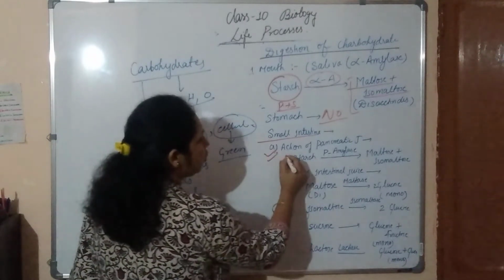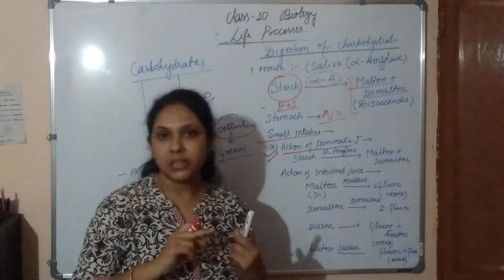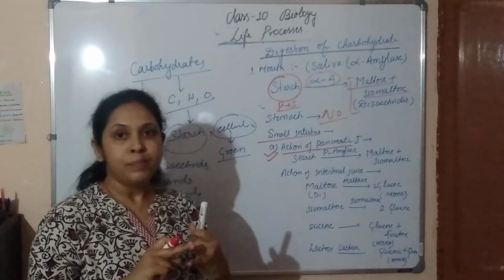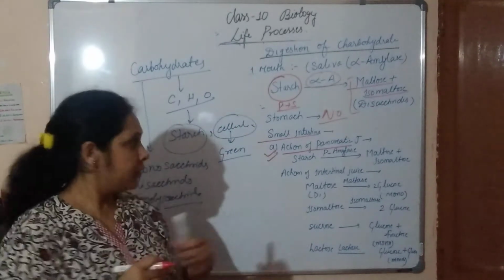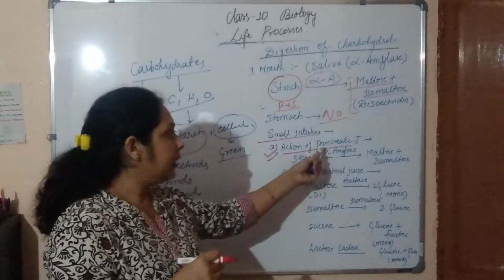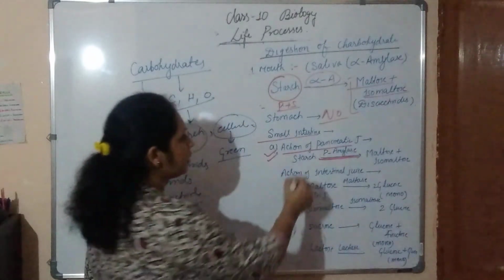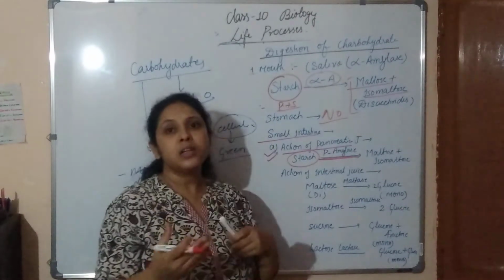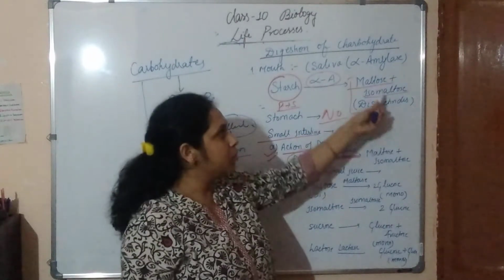Now here is the action of pancreatic juice. We know that the small intestine gets secretions from the pancreas as well as the liver. The liver produces bile juice, which is not related to carbohydrate digestion. The pancreatic juice contains pancreatic amylase, which also works on the starch, because not all the starch we eat is converted into maltose and isomaltose.